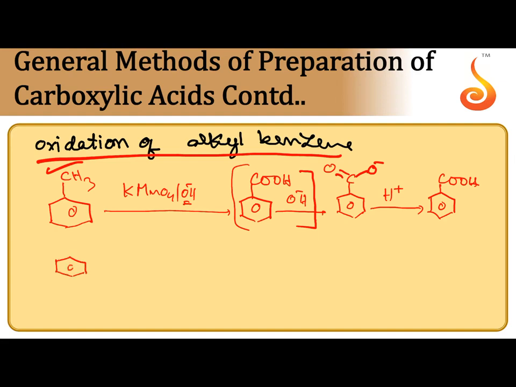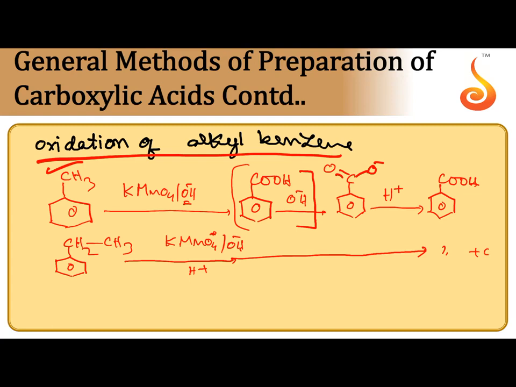Any alkyl group attached to the benzene ring gets oxidized to COOH. Suppose you take an ethyl group, that also is finally converted into benzoic acid after the reaction with alkaline potassium permanganate followed by acidification, we can get the same benzoic acid. So irrespective of the type of alkyl group, it undergoes oxidation to give benzoic acid, but the byproduct may be CO2 and H2O.